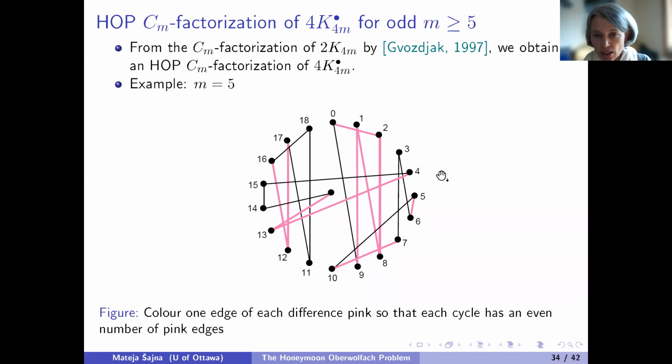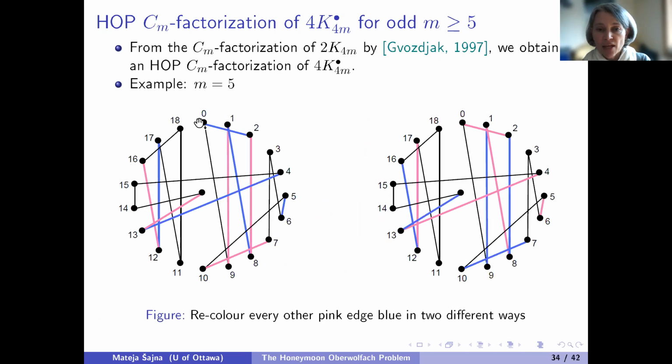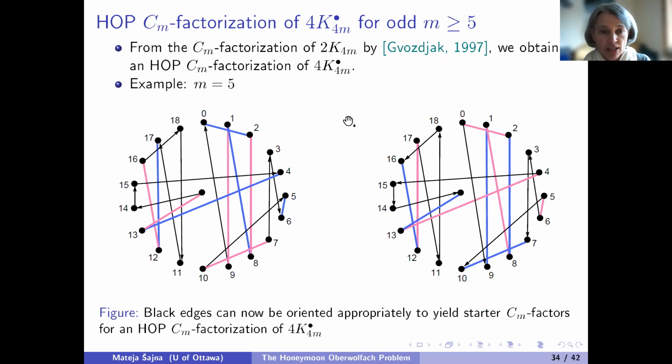We first color it in pink and black so that each cycle has an even number of pink edges, and so that each difference occurs twice, once black and once pink. And then we recolor each second pink edge blue in 2 different ways. And finally, we orient the black edges appropriately. That can always be done.